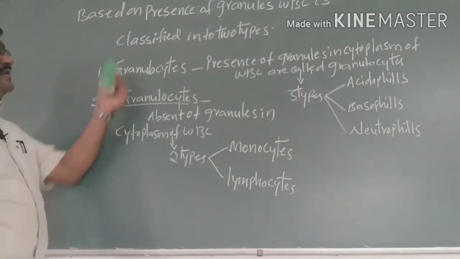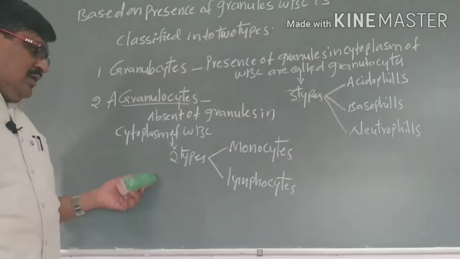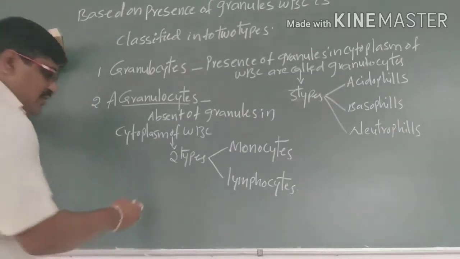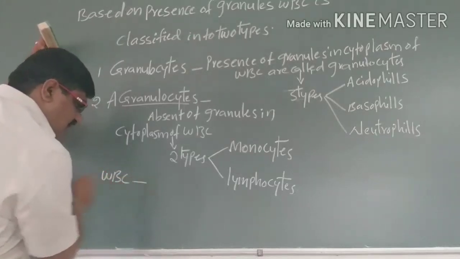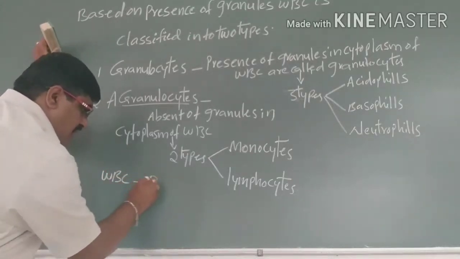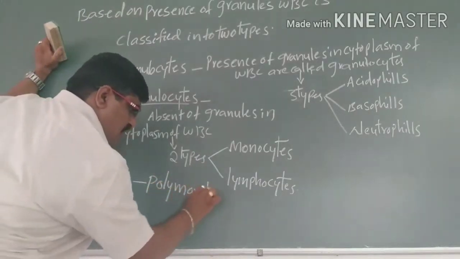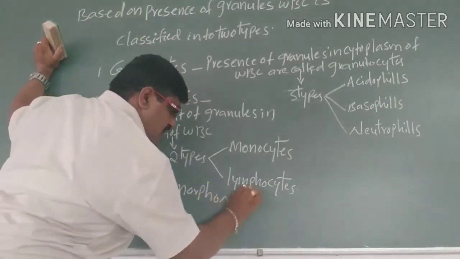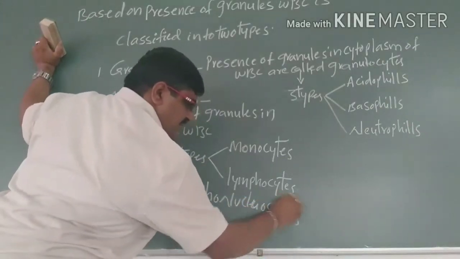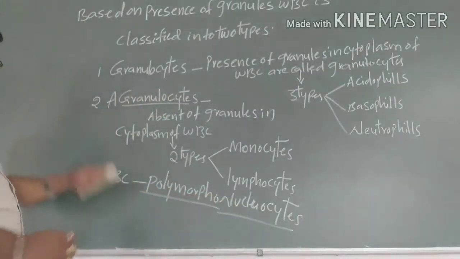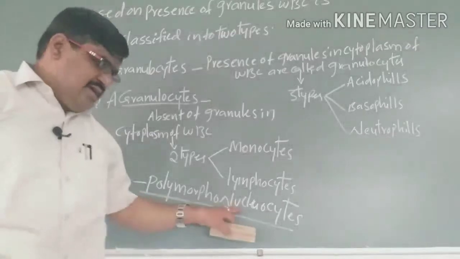The WBCs are also called polymorphonuclear cells. Poly means many, morpho means external form, and nucleo means nucleus.